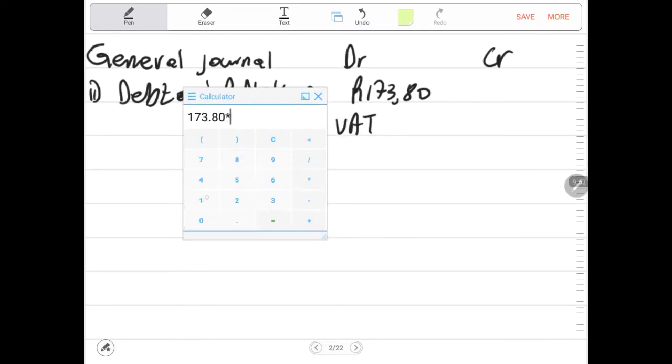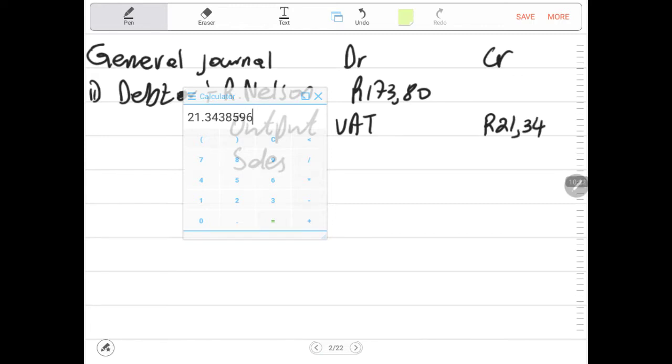VAT is already included. We need to say 14 over 114, because the amount before VAT was 100%, and when we added 14%, this amount now is 114%. That is why we say divide by 114, which is 114%. So now we do that, it gives us the amount of the output VAT as 21 rand 34 cents.